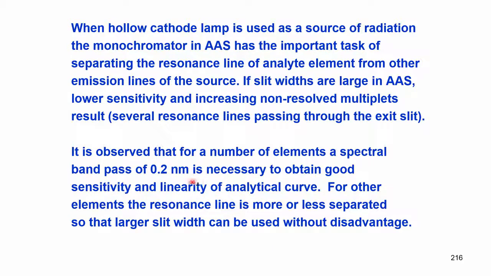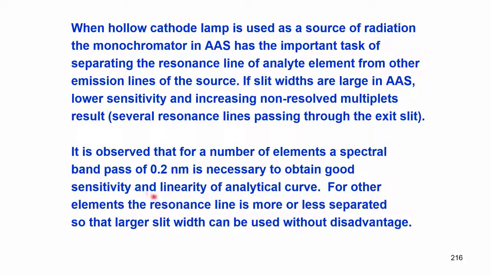That means, in some instruments they will give you a choice of 0.2 nanometer or 0.7 nanometer. There will be a switch, we say choose 0.2 for good sensitivity. Sometimes you can choose 0.7 also.